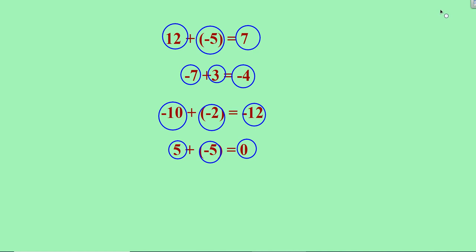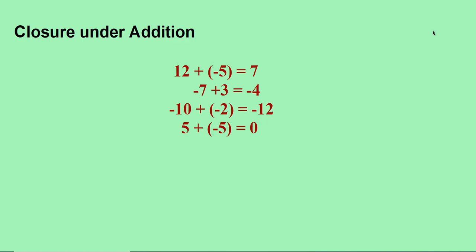This is a property and it is called closure property. Since we add two integers, this property we can say as closure under addition. When two integers are added, its sum is also an integer.